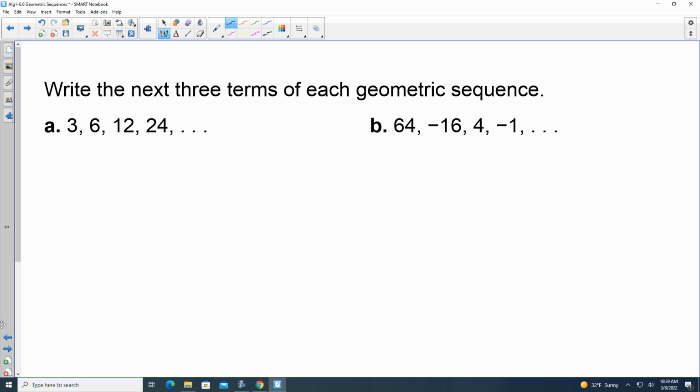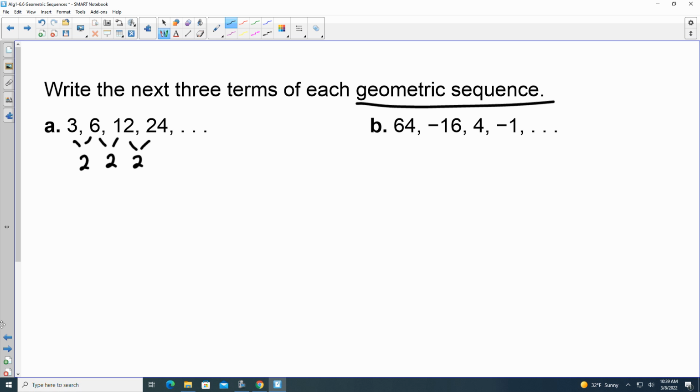Here, they want us to name the next 3 terms in the geometric sequence. So since they told us that it is a geometric sequence, they're telling us that it has a common ratio. What is that particular ratio? If we take a look, well, 6 divided by 3 is 2. 12 divided by 6 is 2. 24 divided by 12 is 2.